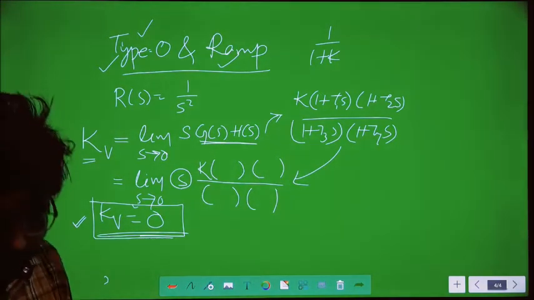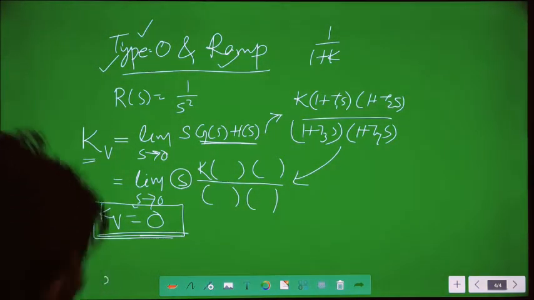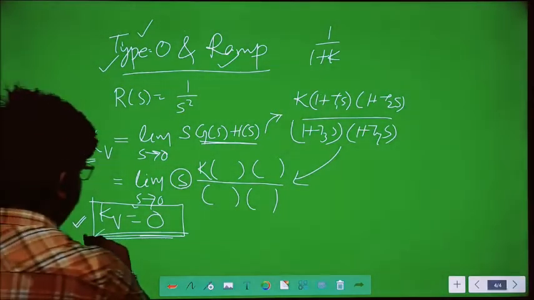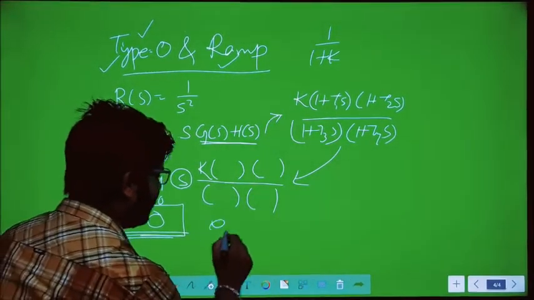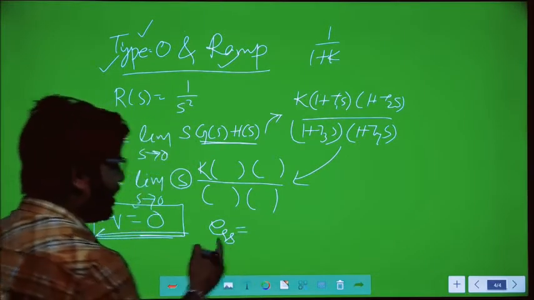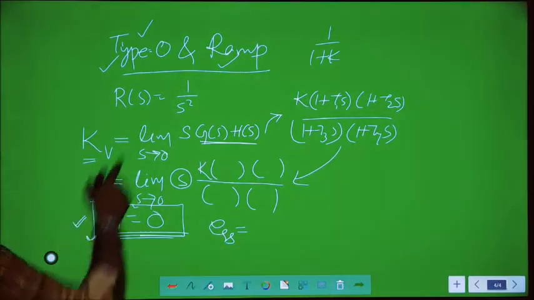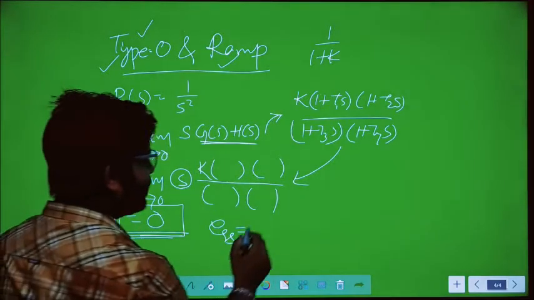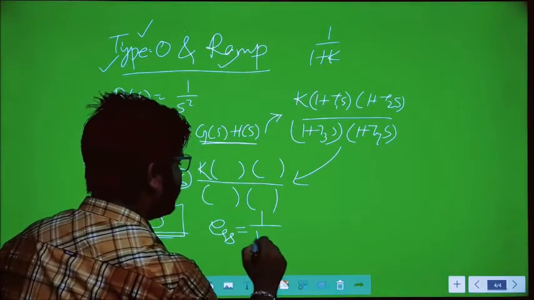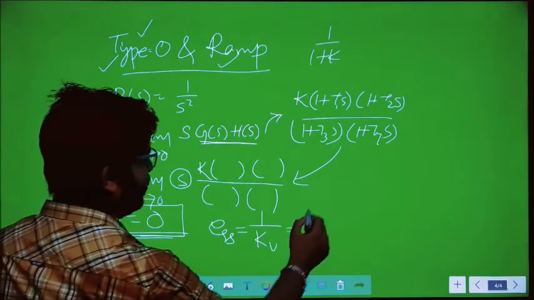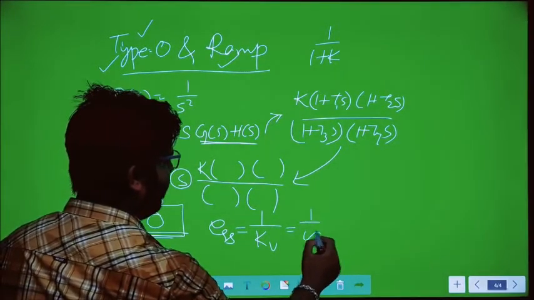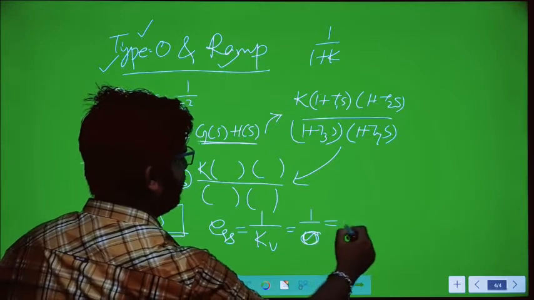If my velocity error constant becomes 0, what will be my ESS? We studied ESS for ramp input. The formula is 1 by kv, and if you apply kv to 0, then 1 by 0 is nothing but infinite.